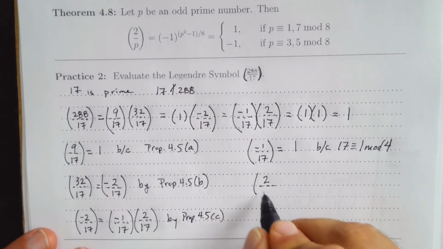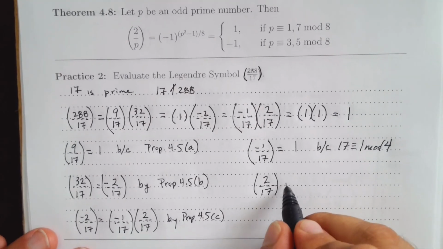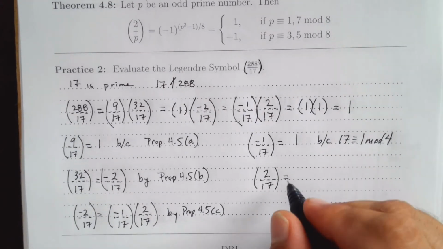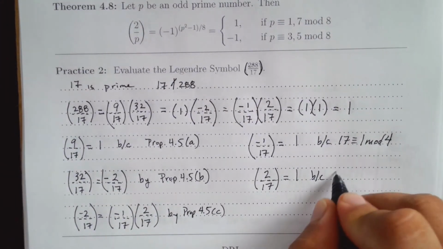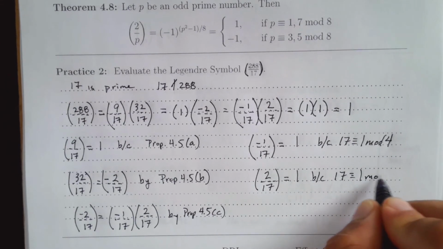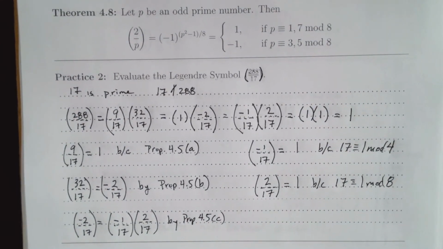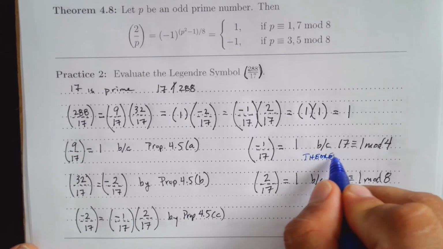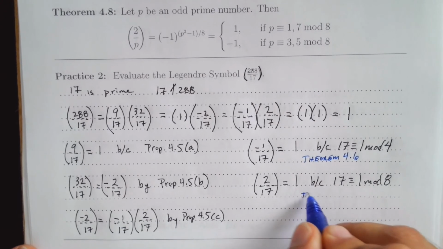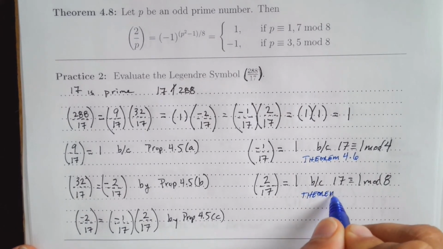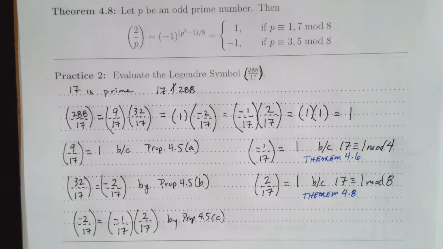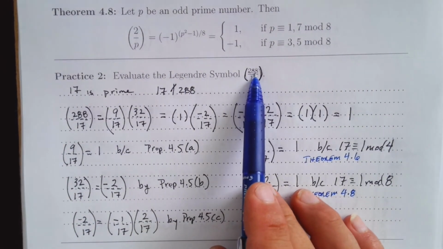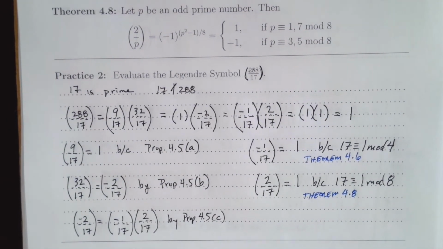And the Legendre symbol of 2 modulo 17 will be equal to 1, and that's because 17 is congruent to 1 modulo 8. For the first one this is theorem 4.6, and here we're using theorem 4.8. So what does that tell us? That the evaluation of this Legendre symbol is equal to 1.